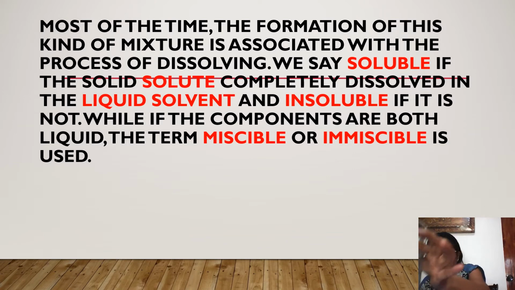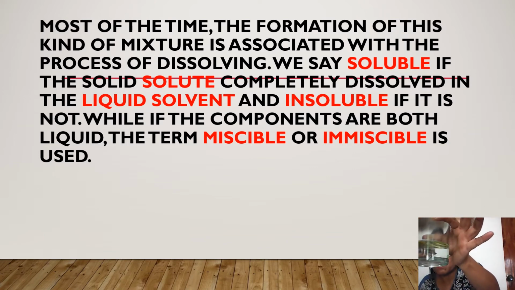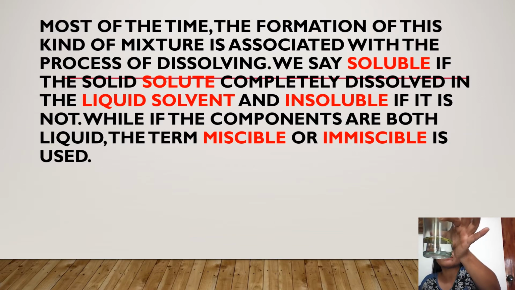Okay. See what happened to the cooking oil mixed with water. As you can see or as you observe, there is a material on the top of the water, and that is the cooking oil. Meaning to say, the molecule of cooking oil is lighter than the molecule of the water.